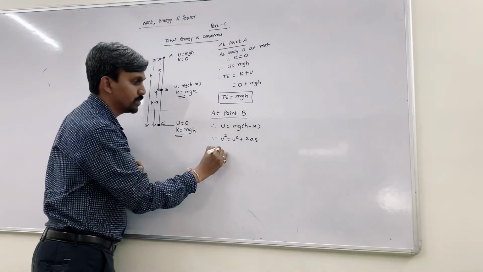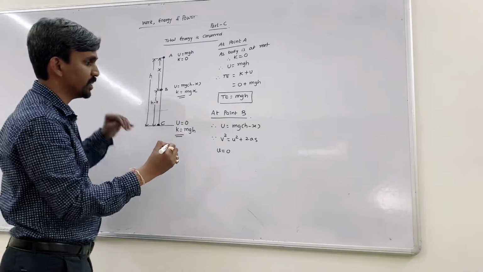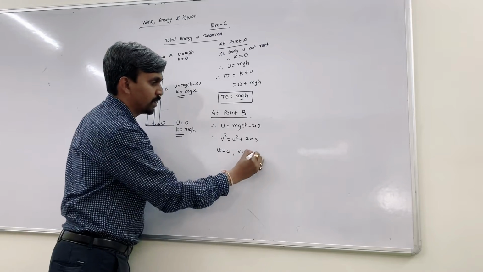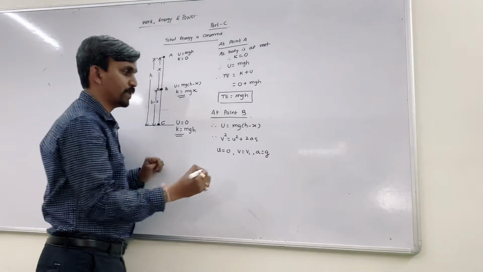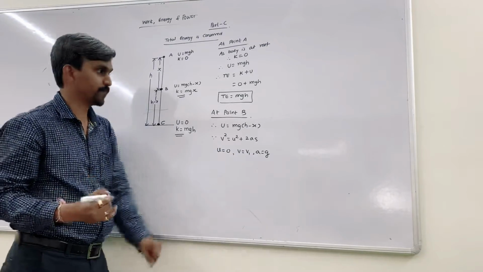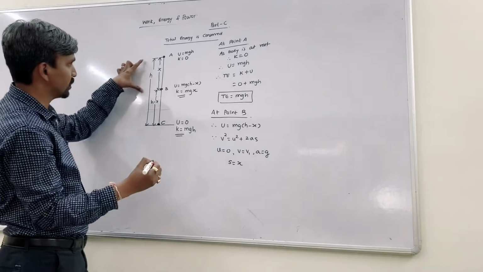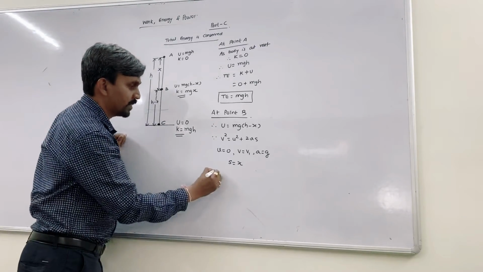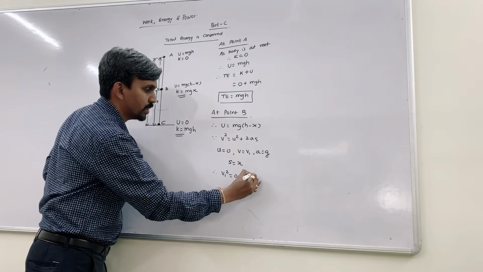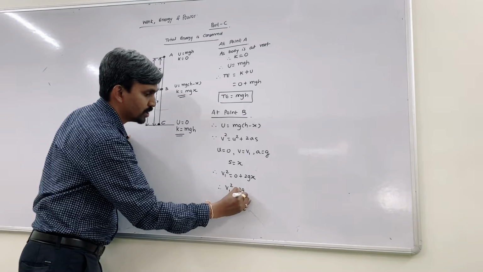Now over here u is equal to 0 because the body is dropped from A, so initially it is at rest. v is equal to v1. a is equal to g because it is freely falling, acceleration due to gravity, and displacement s is equal to x. Only this is the displacement, right? So v1 square is equal to 0 plus 2gx. So you can write v1 square is 2gx.